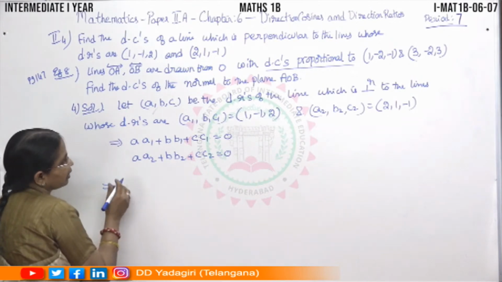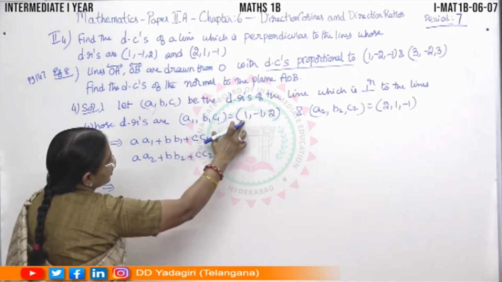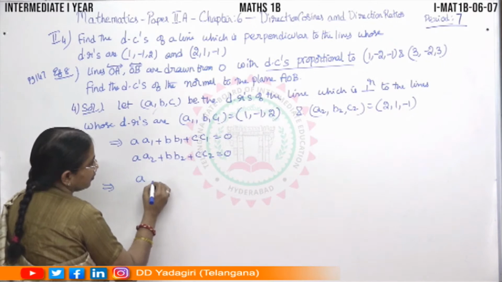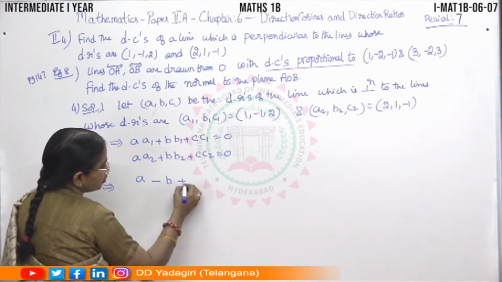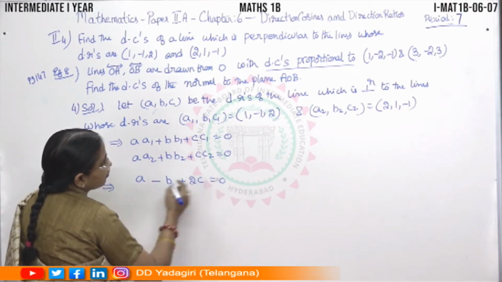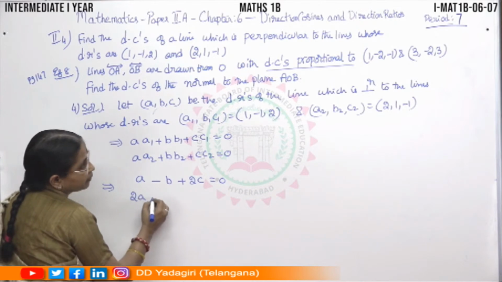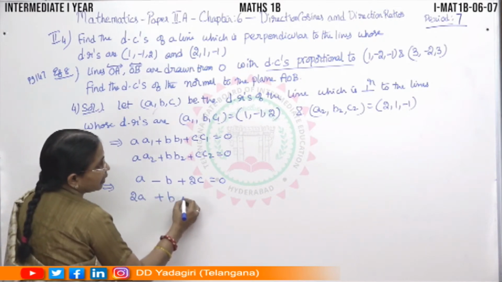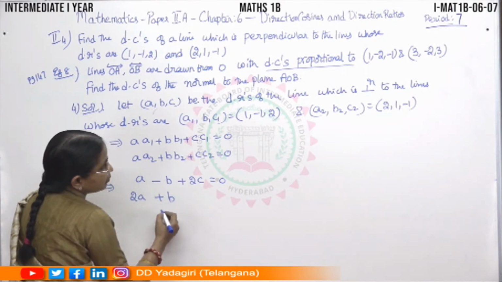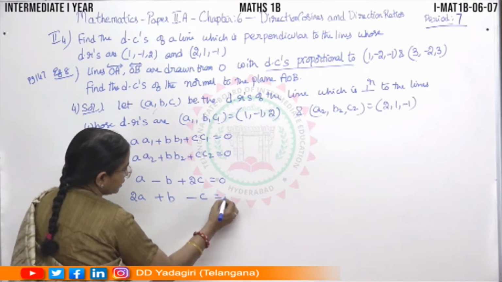Now substitute the values. A1 means 1, so it is A minus B plus 2C is equal to 0. And the second one, A2 means 2, so it is 2A plus B minus C is equal to 0.